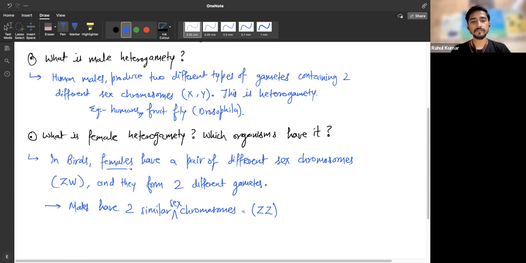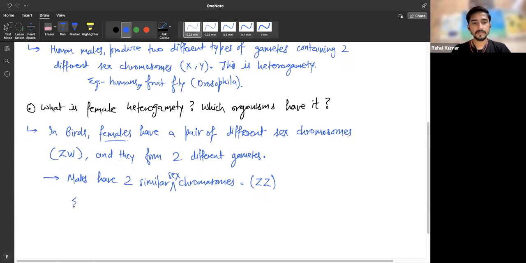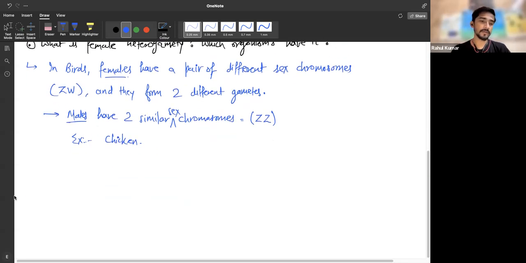For birds, they ask for chicken. For that, you know that if it is ZZ, which is homozygous, it is male, opposite. And if it is ZW, it is female. W is for woman. This is how you can remember.